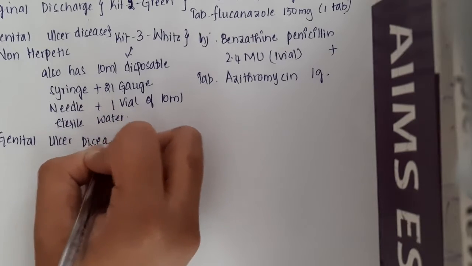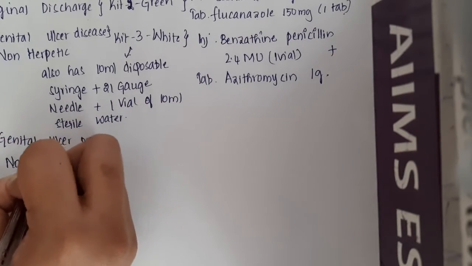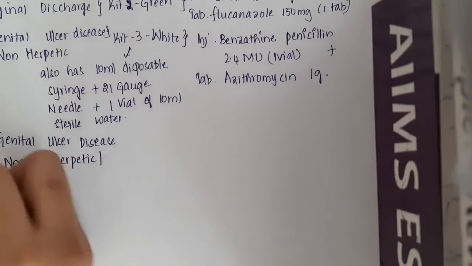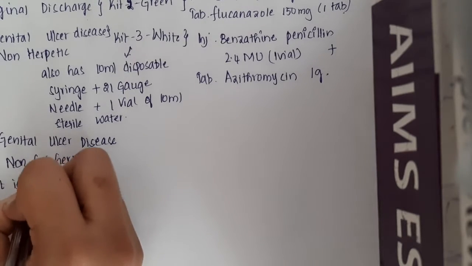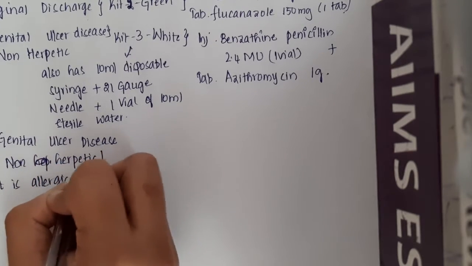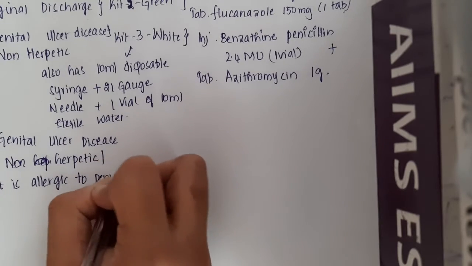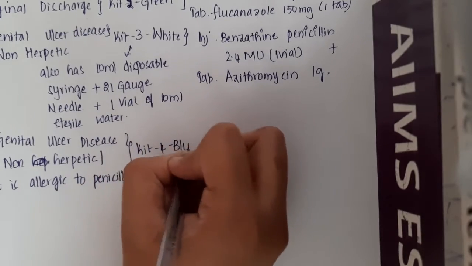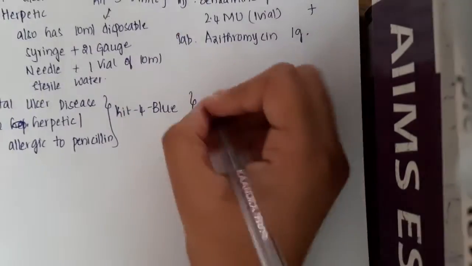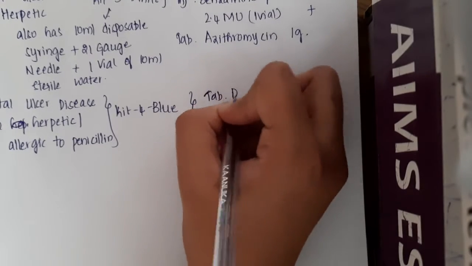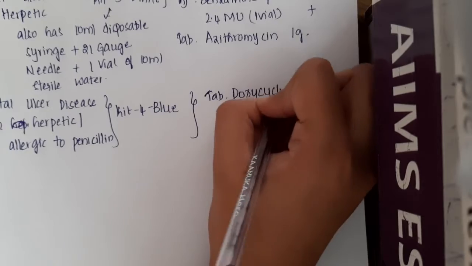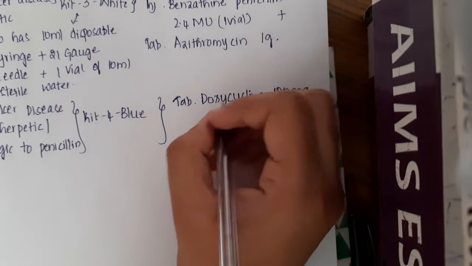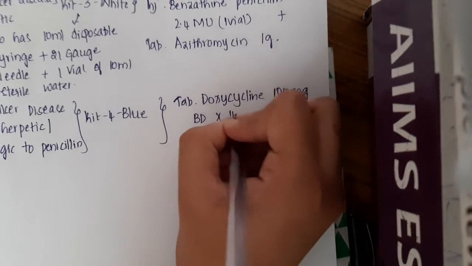If this genital ulcer disease is also non-herpetic, and one more important thing, if the patient is allergic to penicillin, then you can use kit 4, which is a blue colored kit, where you use tablet doxycycline 100 milligrams BD for 14 days.